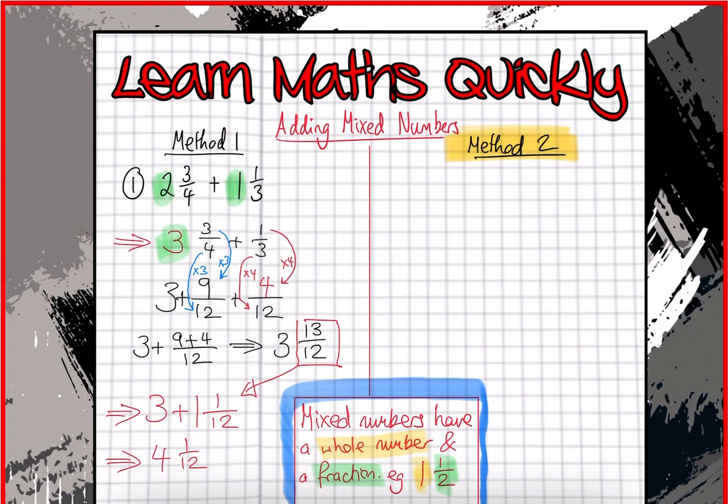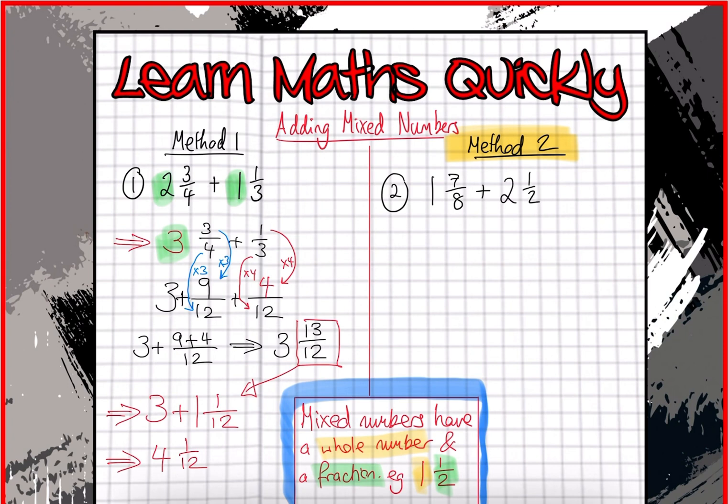So for method 2, instead of adding up the whole numbers, you have to first turn your numbers into improper fractions. So for question 2, I'm going to write the question as 1 7/8 plus 2 1/2.